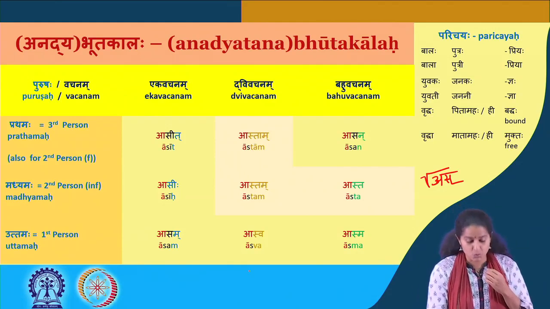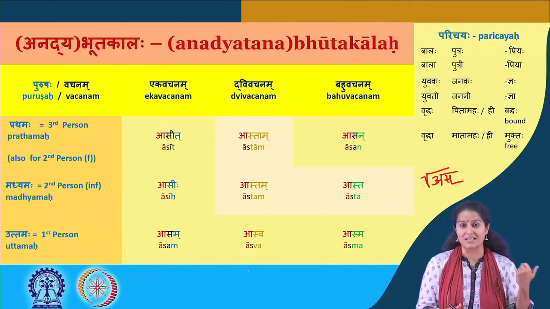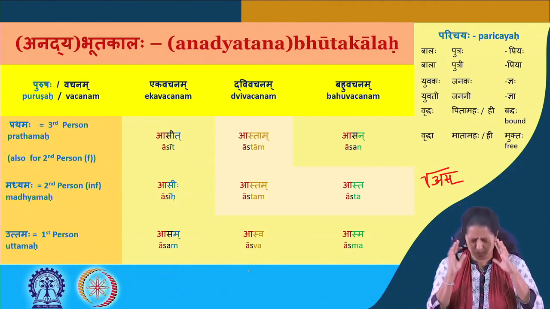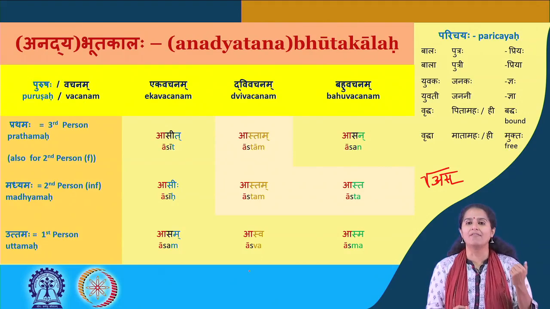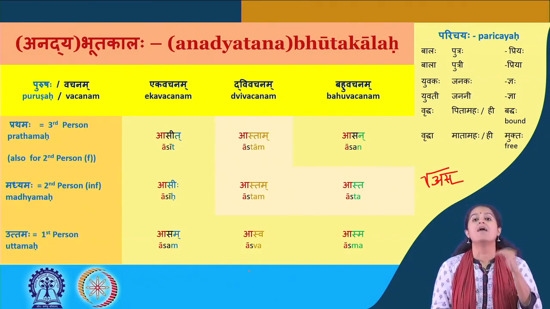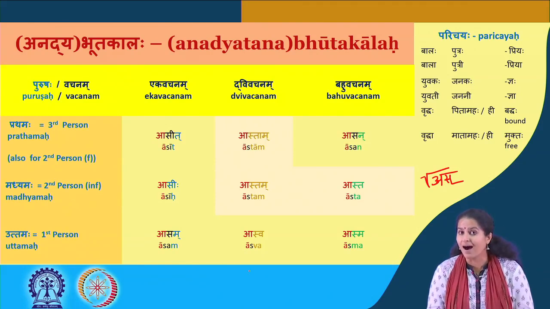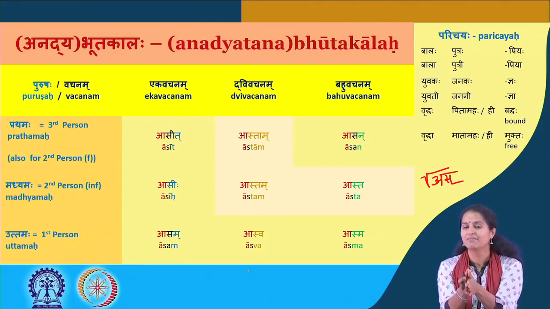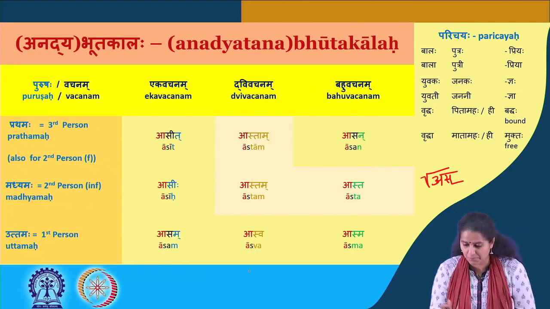And what would happen in the dual? Avam yuvakau asva, and in the feminine it would be avam yuvatyau asva. Plural, vayam yuvakaha asma, feminine, vayam yuvatyaha asma. Uttamam.